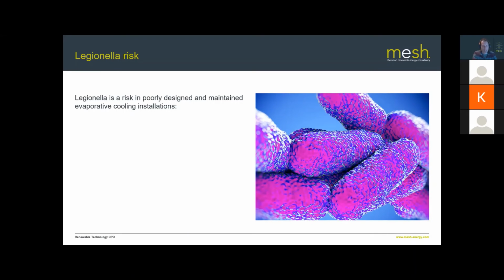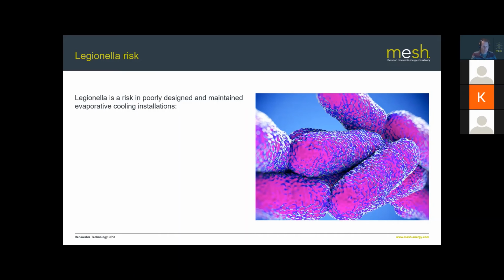Generally, Legionella bacteria is of highest risk when it is in very small droplets within the air. If you've got true vapor phase liquid, so it's at steam, or really real vapor in the air, then you won't get Legionella.